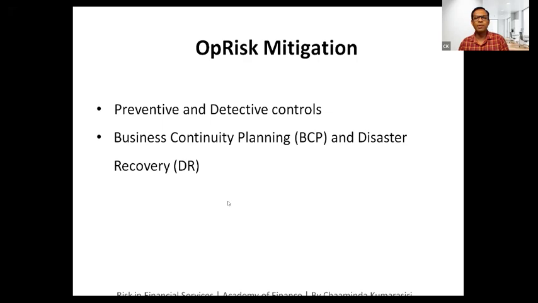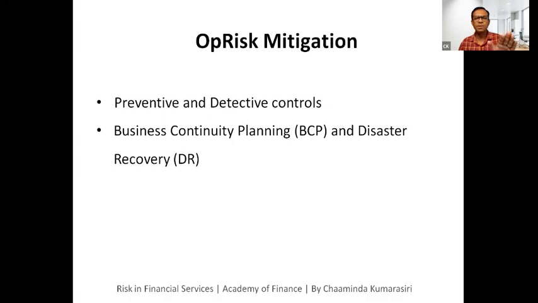And also remember this: you need to have BCP for BCP as well. What is that? Sometimes when you say BCP, there is a team of people who will act as the team looking after things. So imagine a worst case. Let's say you have a building, as in most of the banks, we have this concept called the head office, corporate office.